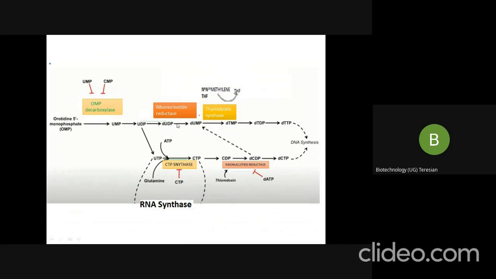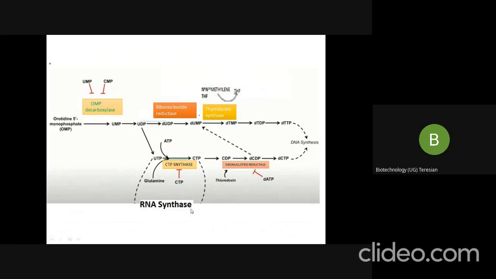This happens with the addition of ATP and glutamine. We get cytidine triphosphate in the presence of the enzyme CTP synthase. And these together, your UTP and CTP, form the RNA in the presence of the enzyme RNA polymerase.